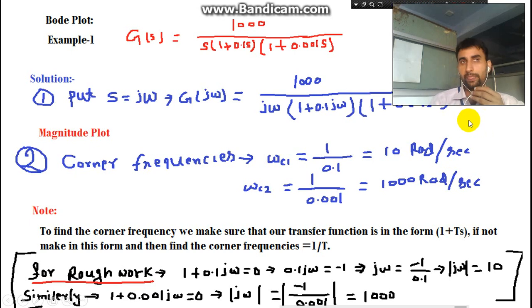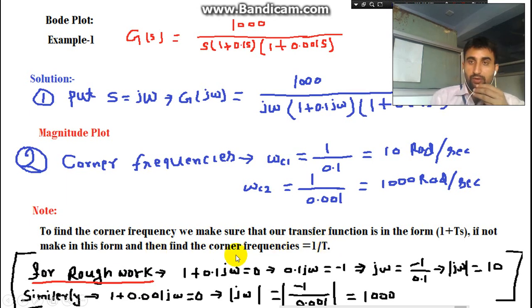If you take 2 common, it will become 1 plus s by 2, so s by 2 means 0.5 s. Okay. And after completing it in the form of 1 plus ts, you will find the corner frequency, which will be equal to 1 by t.